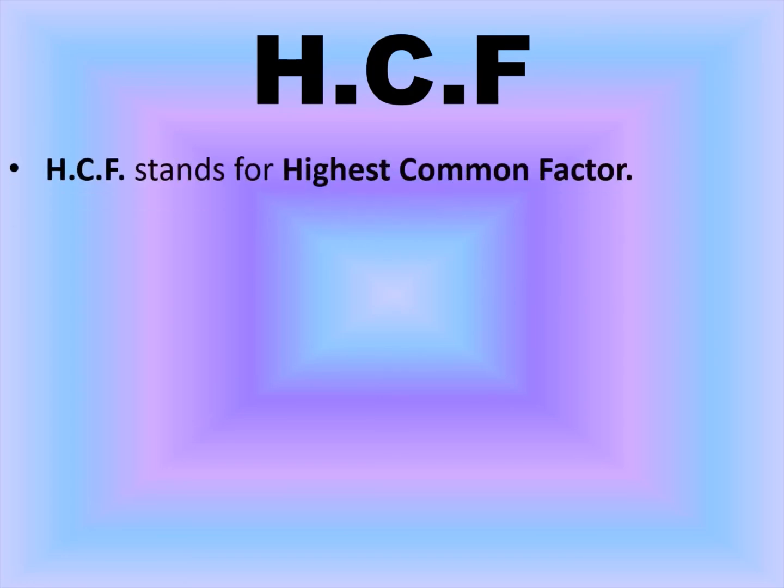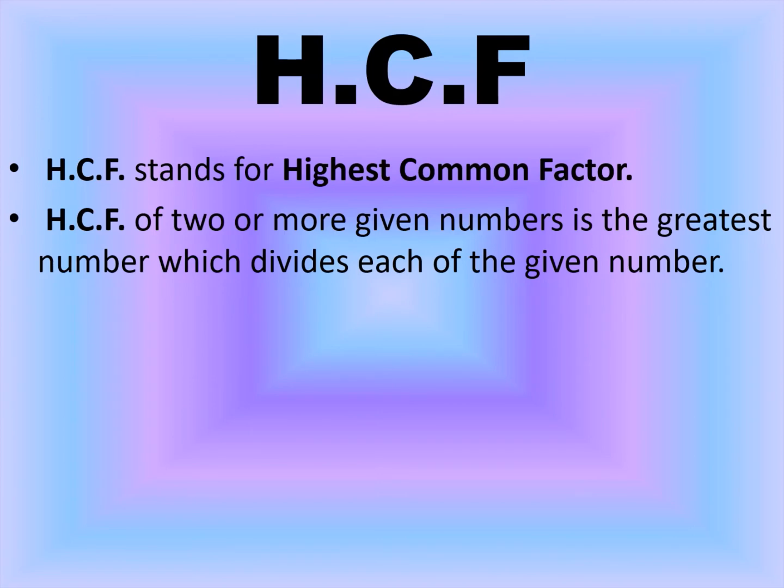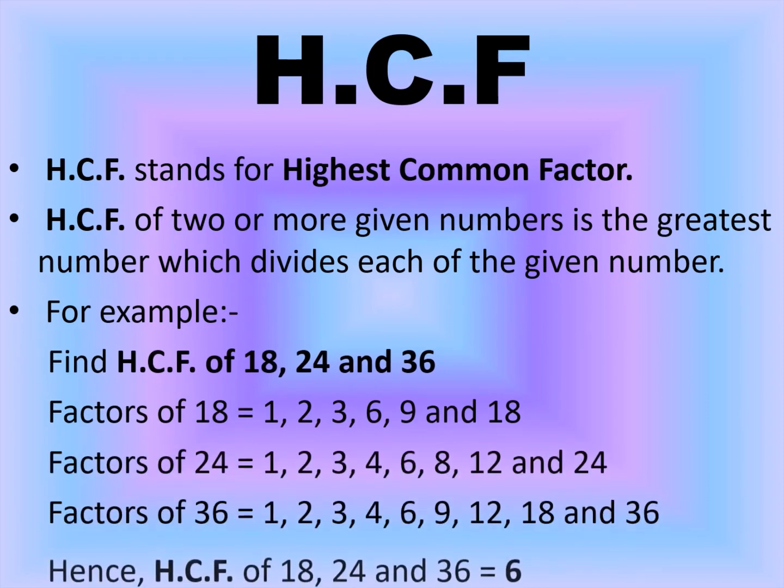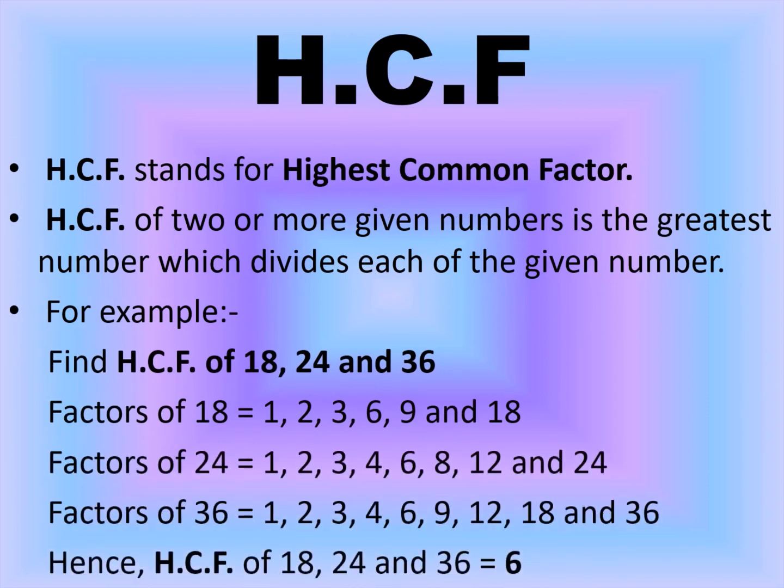Now let's know what HCF means. HCF stands for highest common factor. HCF of two or more given numbers is the greatest number which divides each of the given numbers. For example, we have to find the HCF of 18, 24 and 36.